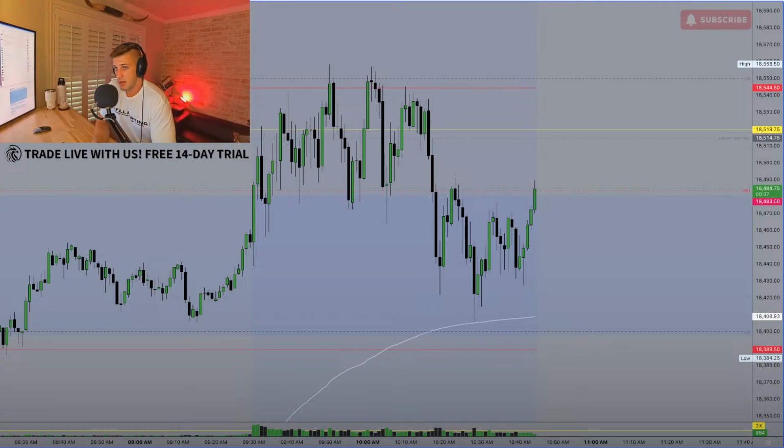So far, NQ may be settling into a tradable range here. 400 by 550. NQ session low pretty much to the tick at VWAP.